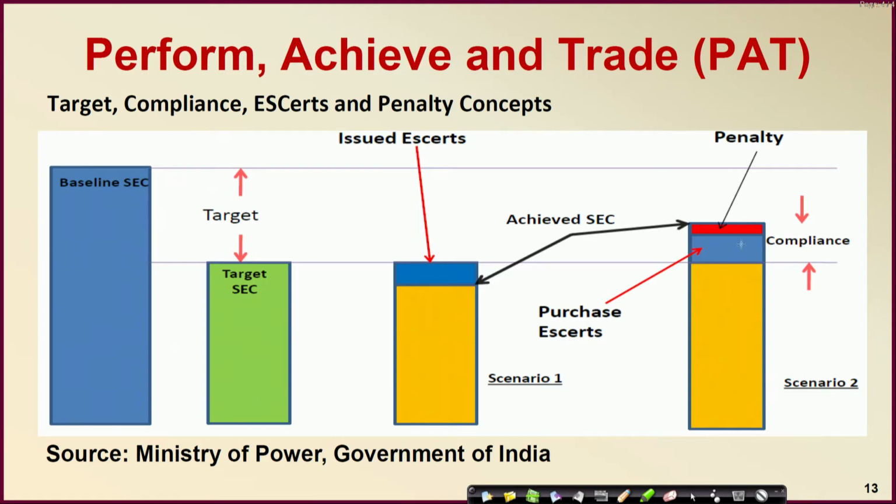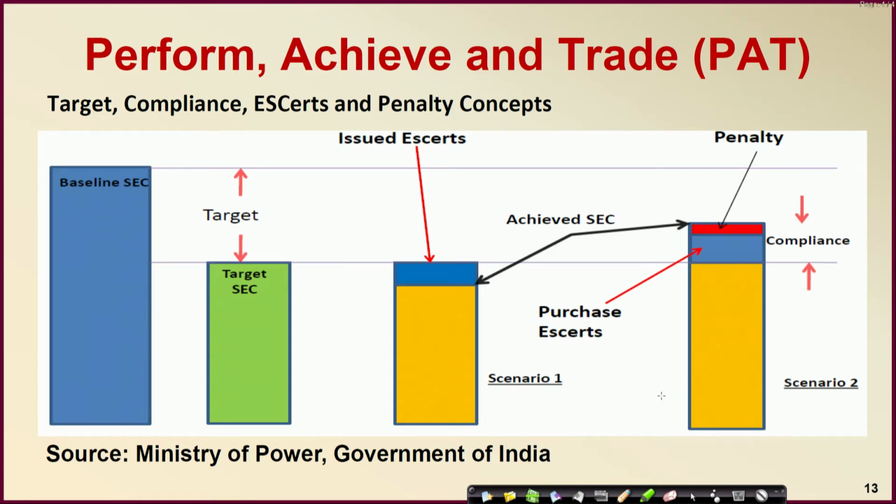So, now they have two options: they can pay a penalty, and they can also buy certificates. So, they can compensate either by paying a penalty or by purchasing certificates or by both. So, you can see the different options for different companies.